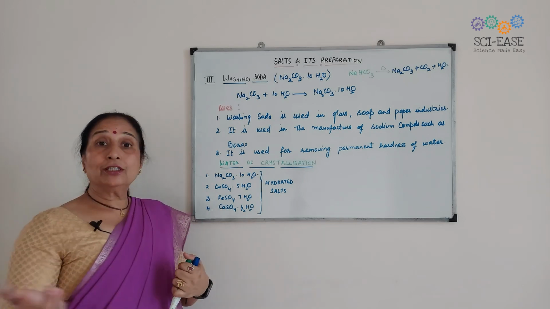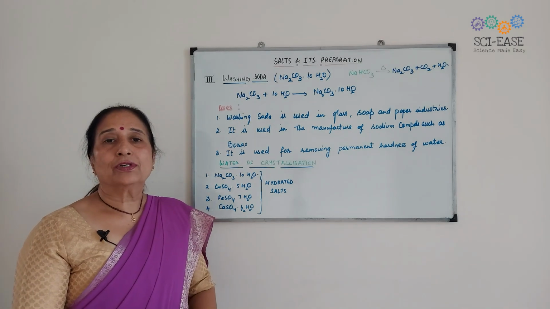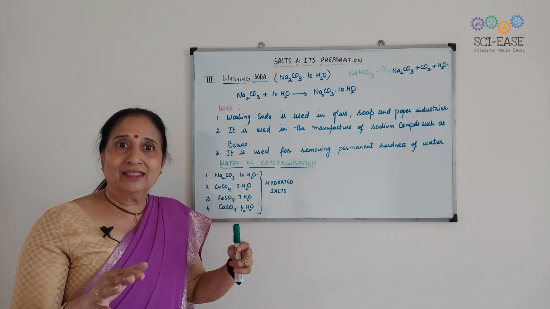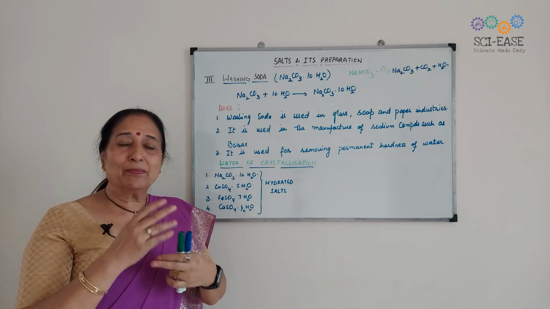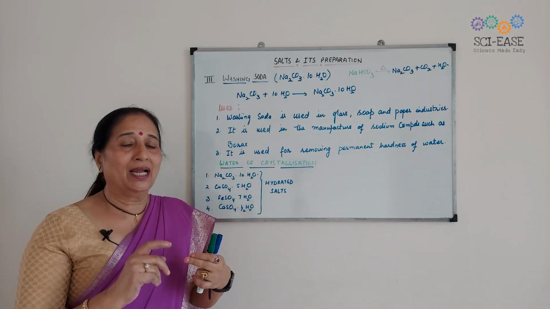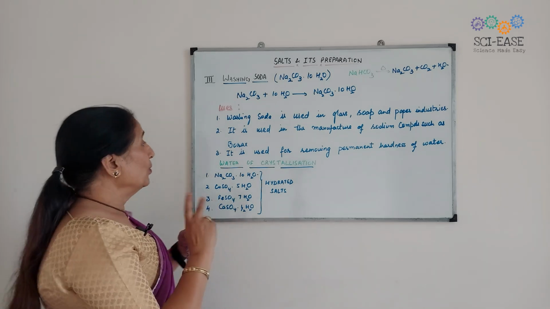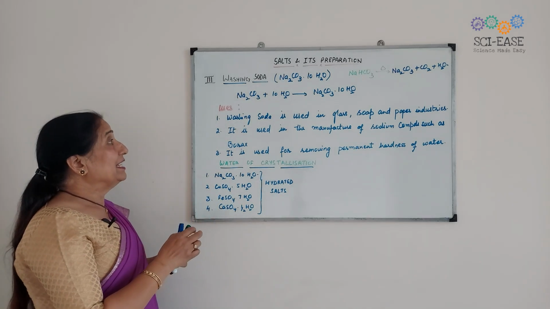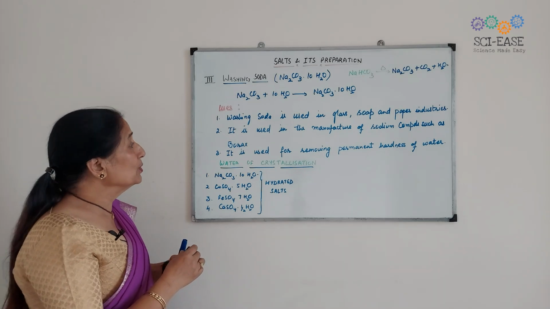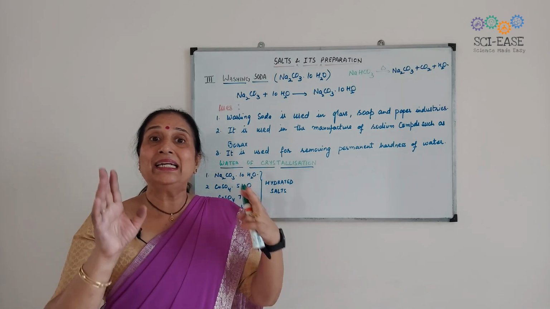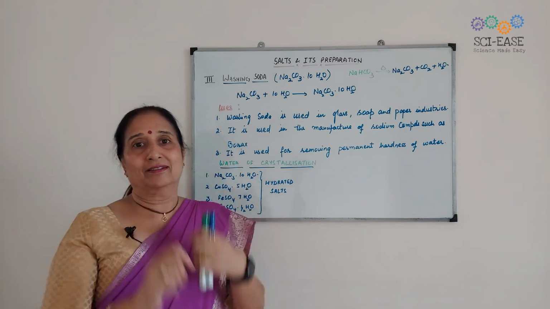What are the uses of this washing soda? From the name itself, it's clear that it must be having some role in washing. So, one thing is that it is used for removing the permanent hardness of water.